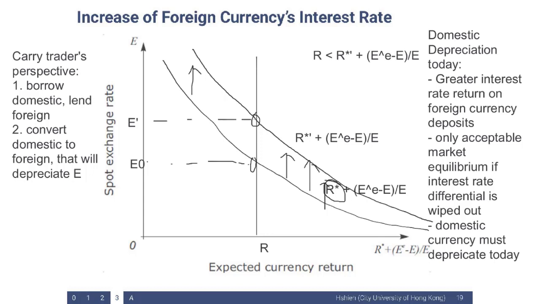Okay. So since R star is not on the axis, what's going to happen? The curve is going to shift. Now, let me explain to you mathematically why that's true, but let me first draw it out.